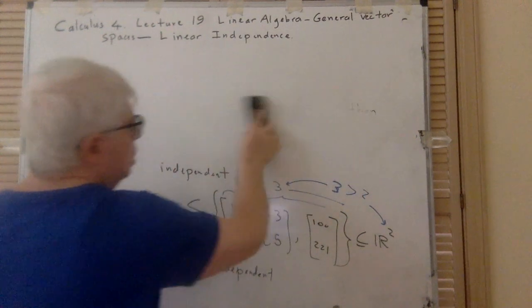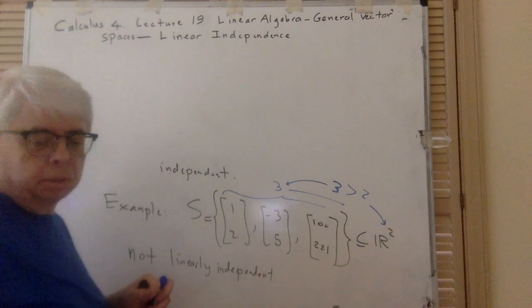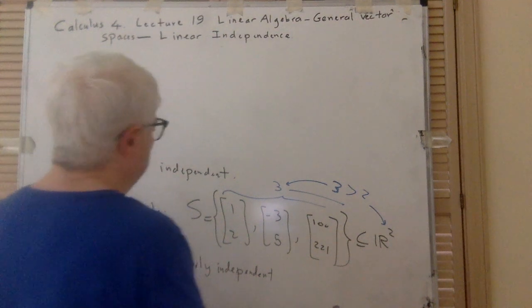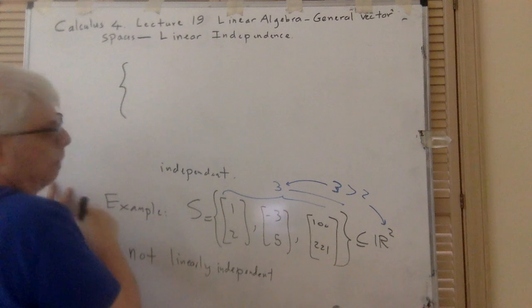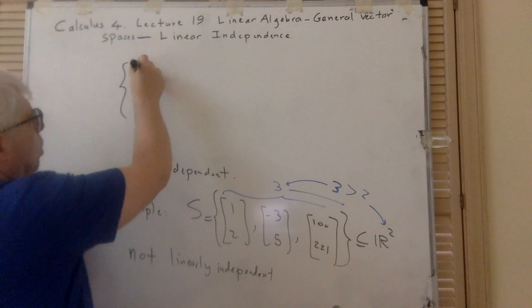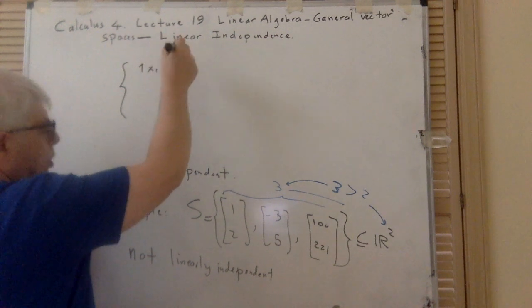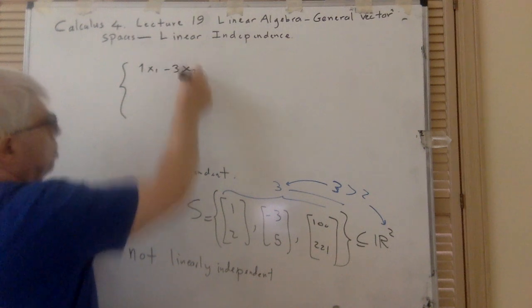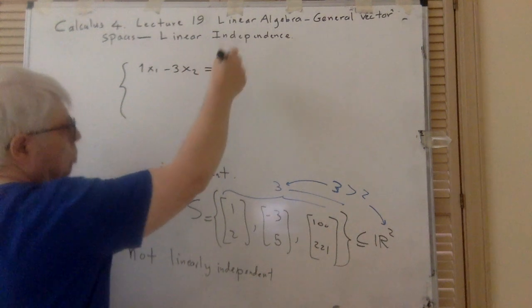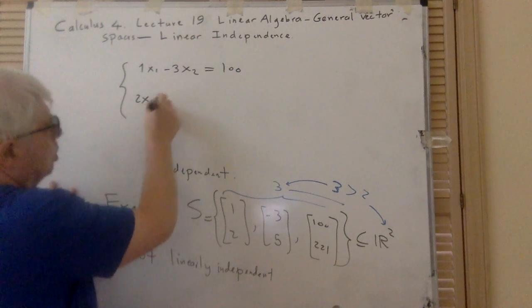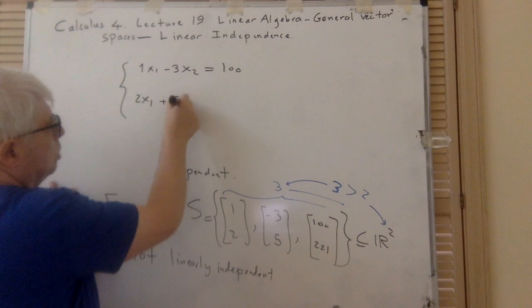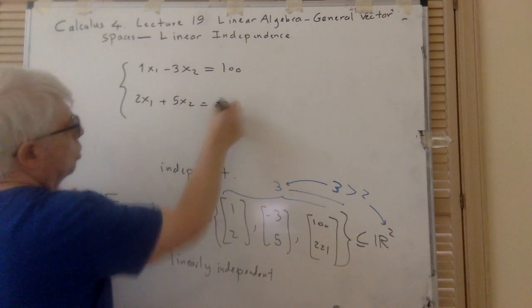You see these theorems can give us amazing results. Without proving something, we can say that x1 minus 3x2, that's the first row, equal to 100, and the second one is 2x1 plus 5x2 equals 221 is consistent.